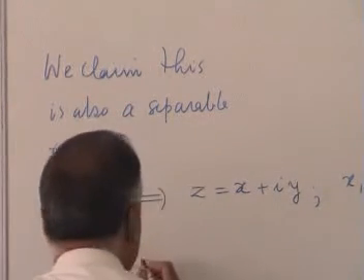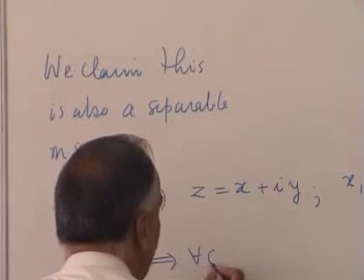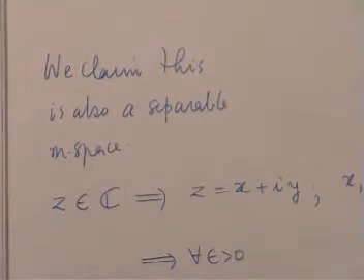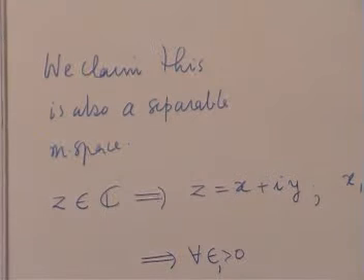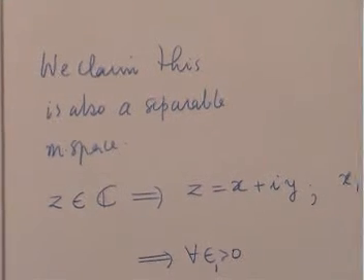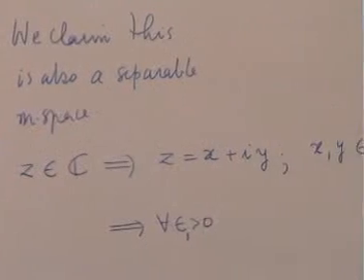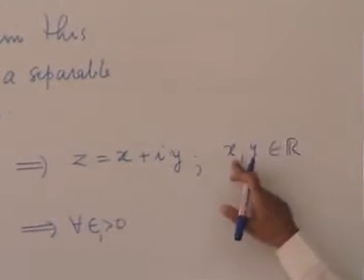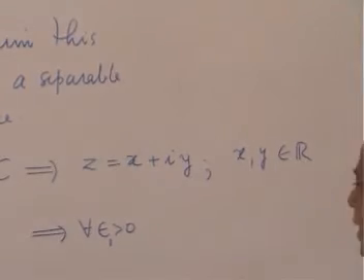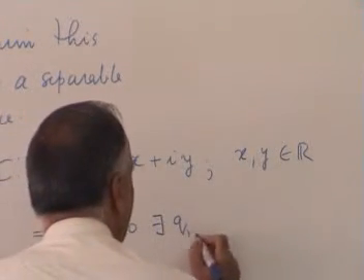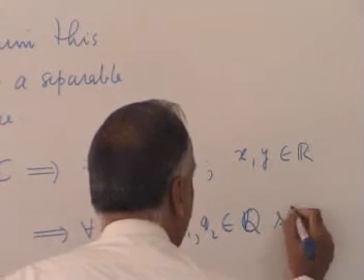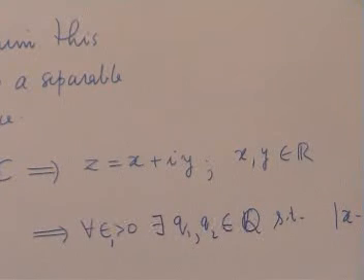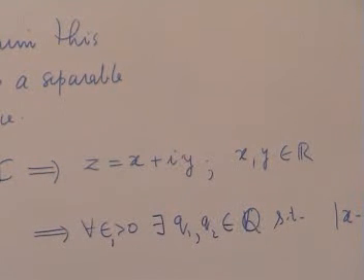For every epsilon, let's say epsilon 1, but I will adjust epsilon 1 later. Given any error and any real number, in particular the real number x, I can approximate it by a rational number. So there exist q1, q2 belonging to Q such that absolute value of x minus q1 is less than epsilon 1, and absolute value of y minus q2 is less than epsilon 1.